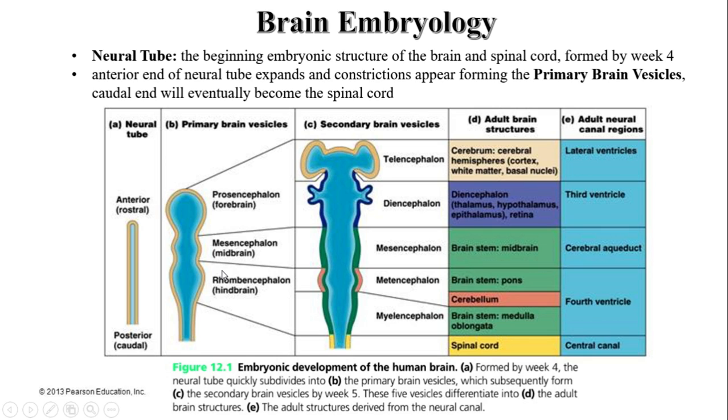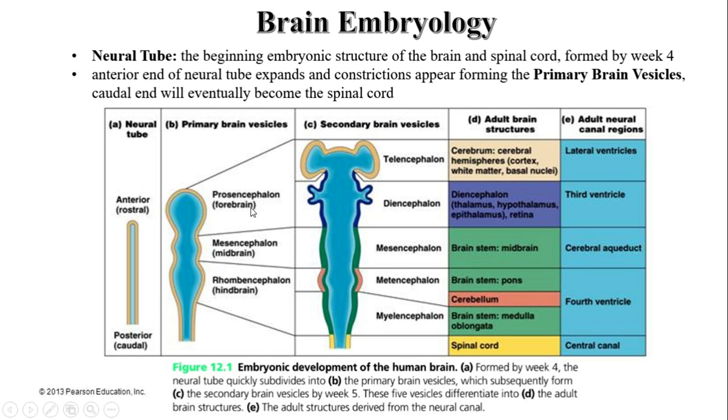A little thing I want to add is that the area that enlarged and constricted to make these primary brain vesicles was only the anterior portion right here. The posterior or caudal portion, if you follow this down, just becomes the spinal cord. So all the brain regions are just from the anterior portion of the neural tube, and as I said, this was by week 4.